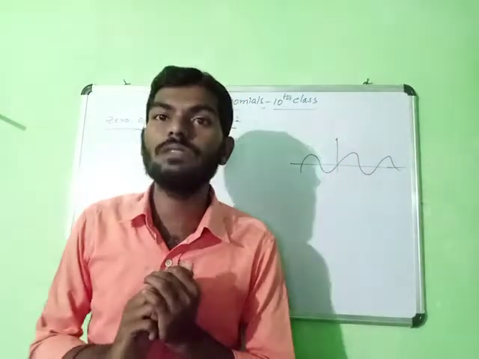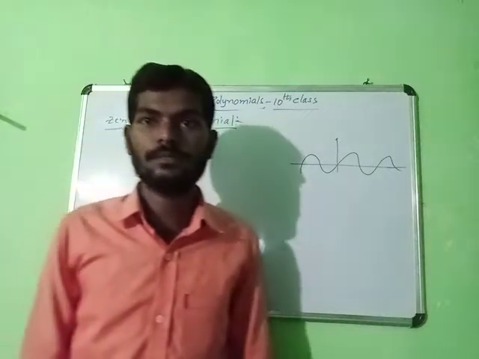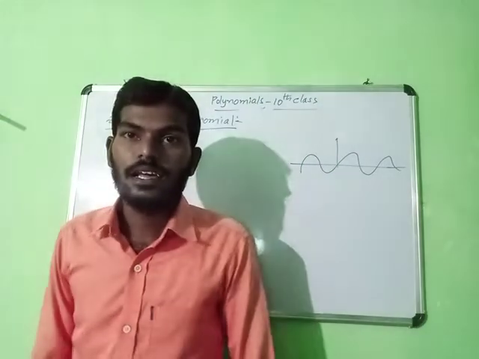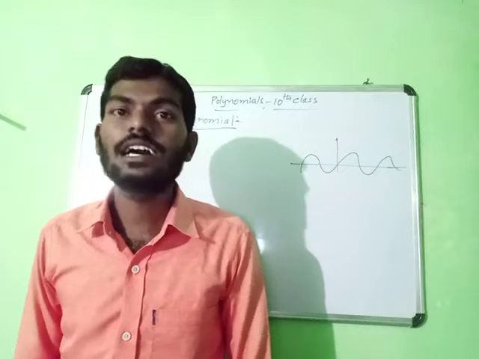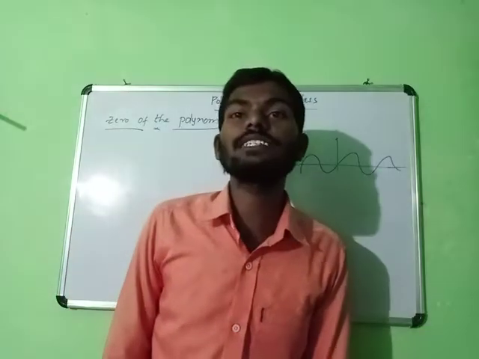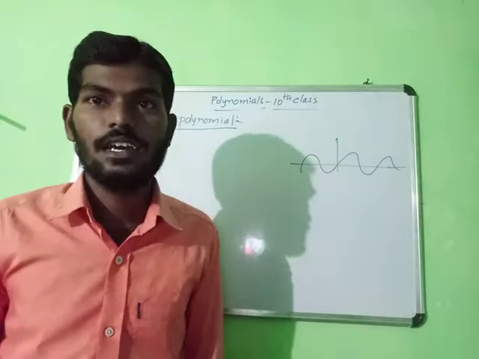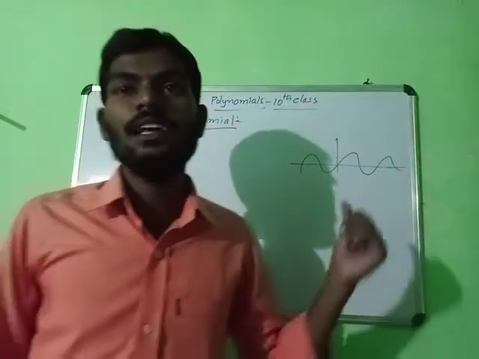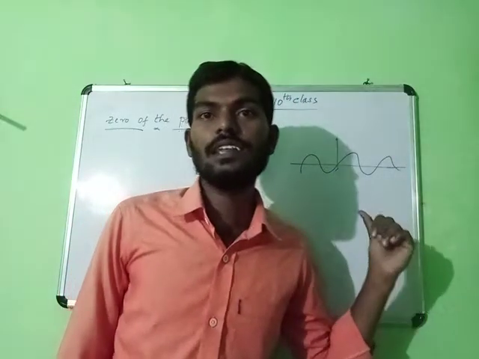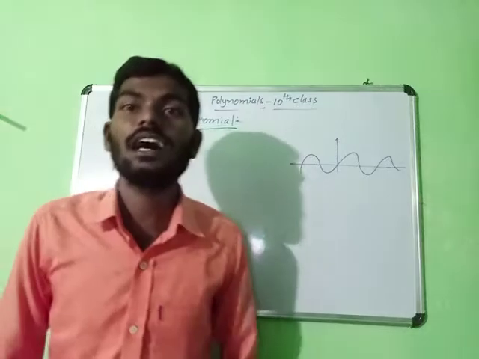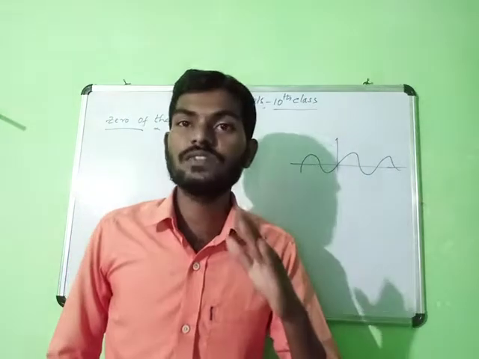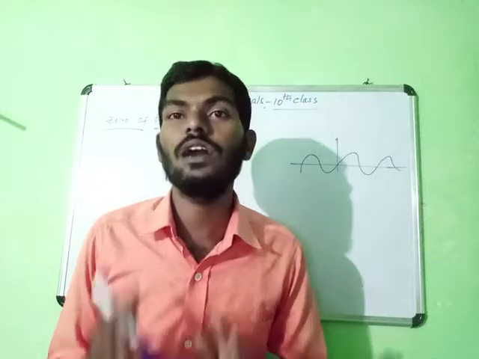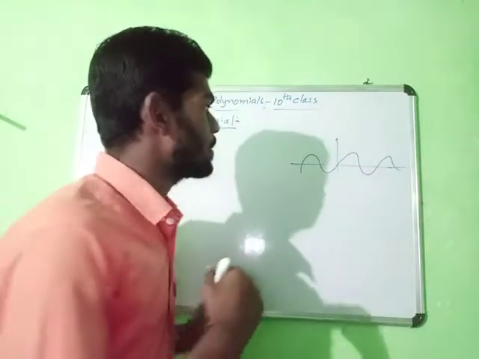Now, how do we define the zero of the polynomial in a graph? The curve which touches or intersects the x-axis is called a zero of the polynomial. Only the x-axis, not the y-axis. Here, see how many there are.